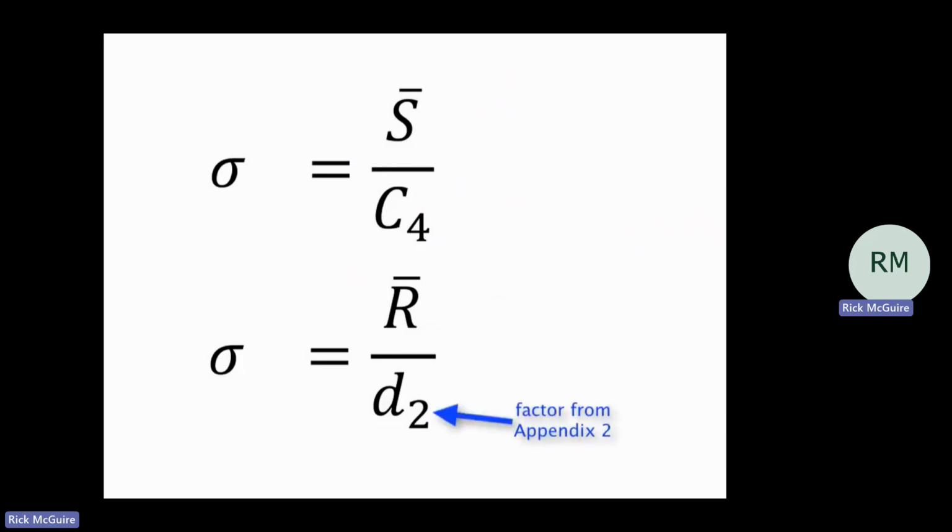Now, C4 and D2 are both dependent upon the subgroup size, and take note that D2 is a lowercase d. In your appendix, there are actually 2 factor D2s, one being lowercase and one being uppercase. We've determined how we're going to calculate sigma, or the population standard deviation.